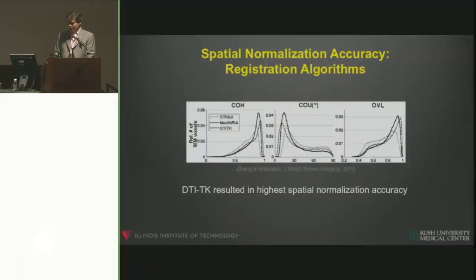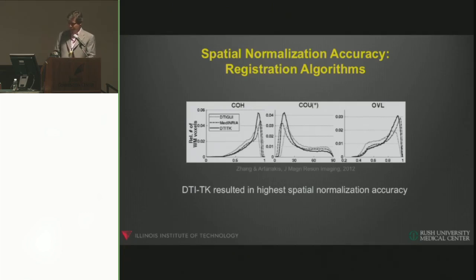So what we're doing next is, now that we have a good background on registration algorithms or registration approaches and templates, the goal in this comparison was to see how different registration approaches affect spatial normalization accuracy. So what we're doing here is we're comparing 3 different registration techniques, and keep in mind that it's only 3 registration techniques.